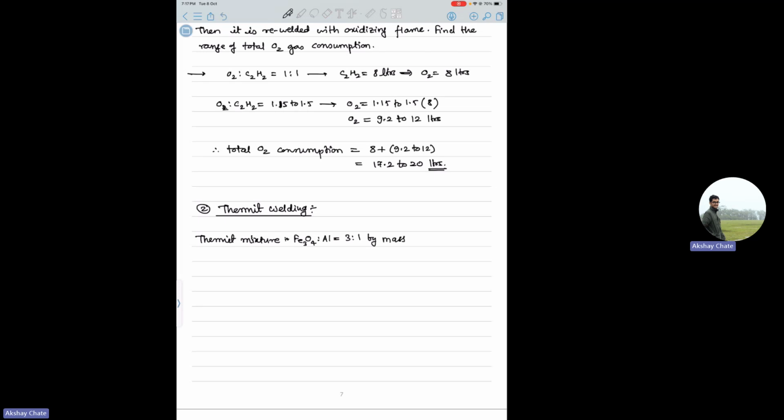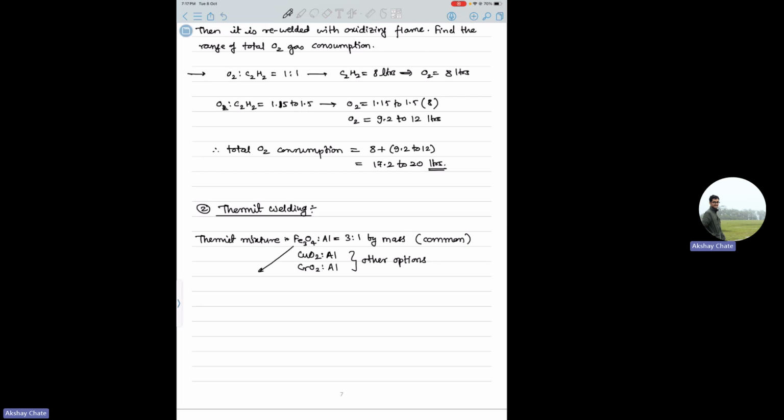This is the commonly used thermit mixture. You can have other oxides also, copper oxide with aluminium, or chromium oxide with aluminium. These are other options, but primarily we use iron oxide because we need molten iron for the reaction.